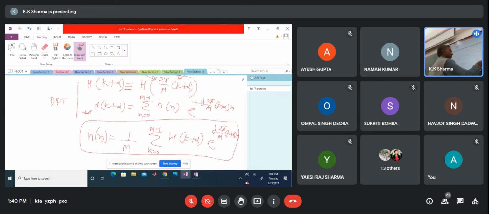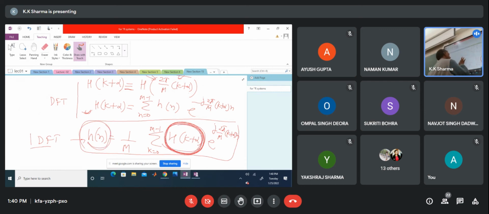So if I give you these frequency samples of DTFT, they are nothing but DFT. So if these coefficients are given, using the inverse DTFT relation I can obtain the impulse response of the given filter, which is of course FIR, because I am giving you a finite number of samples, capital M samples only.